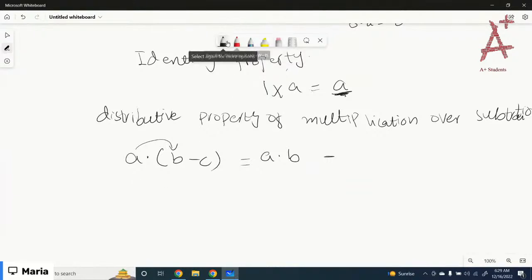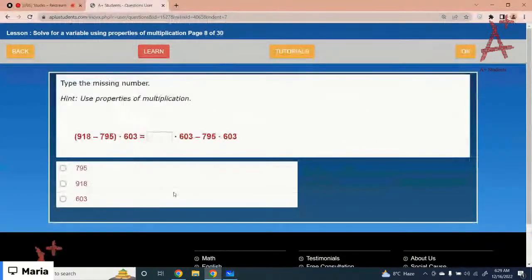You have to do A times B minus A times C. That is the distributive property of multiplication over subtraction. So the missing number is 918. Got it? 918 times 603 minus 975 times 603. So the missing number is 918. Got it?